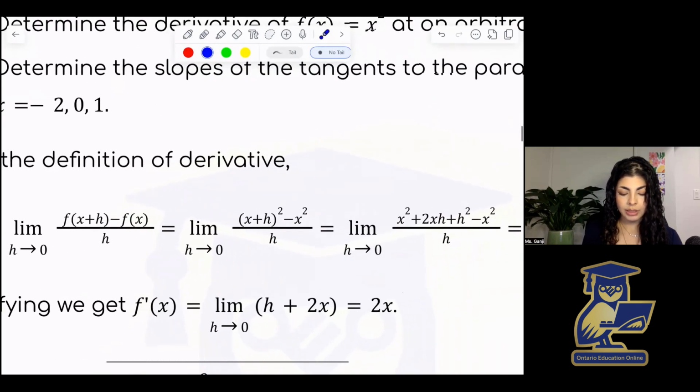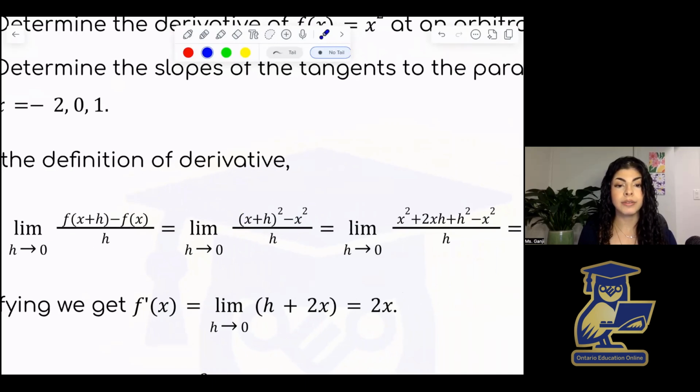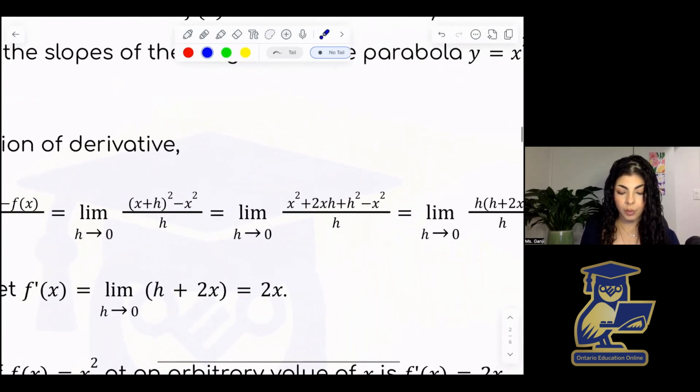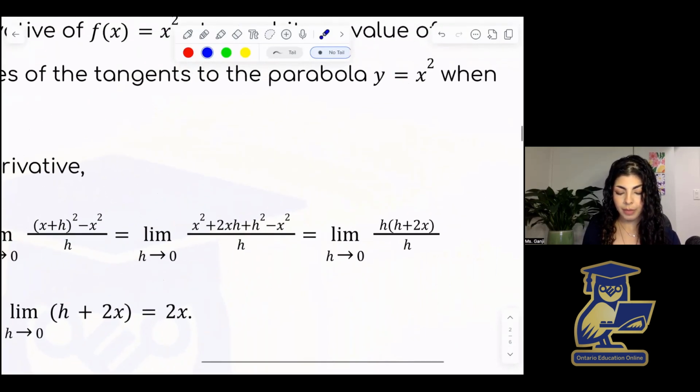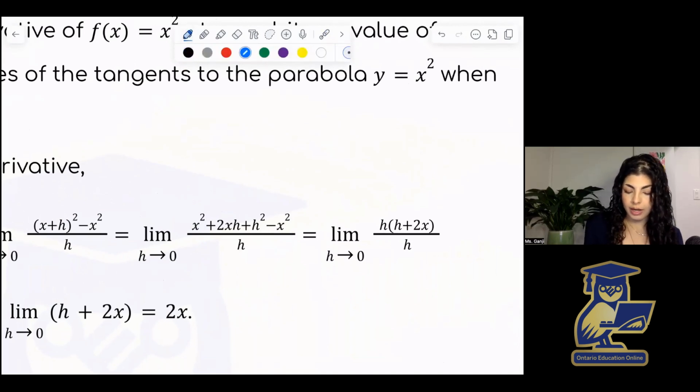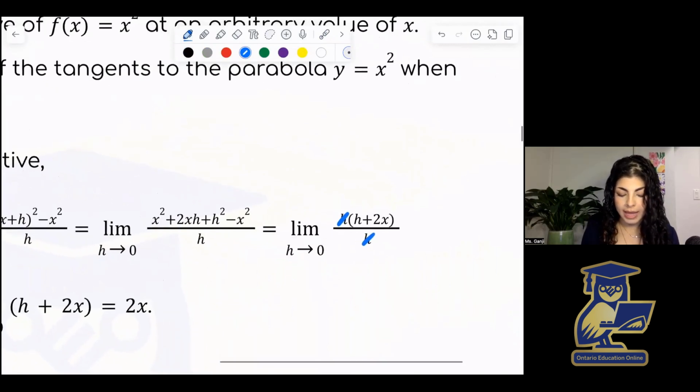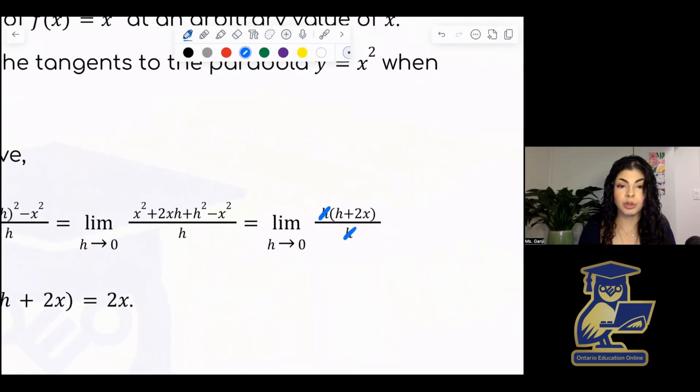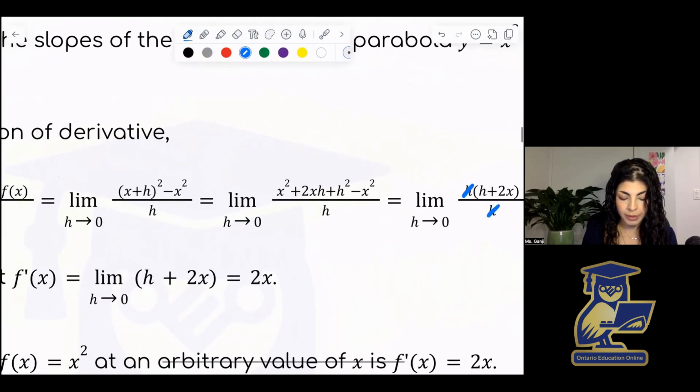And I'm now putting those values as the function, which is x squared, and in this case, x plus h squared. And expanding, we have this expression, and if you factor out that h, we are left with h plus 2x. And we can see that I'm able to solve this limit as h approaches 0. I can solve by substitution to get 2x.